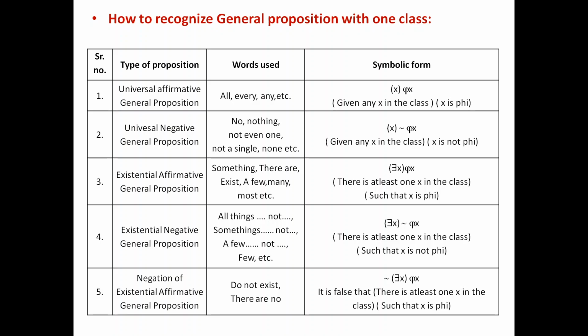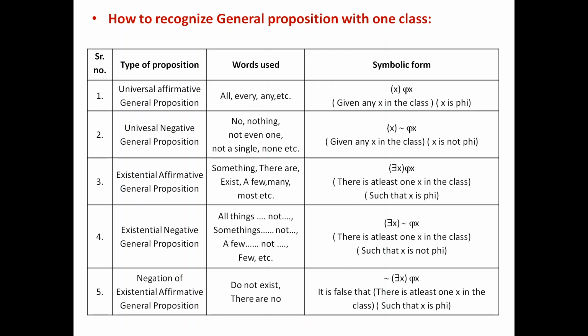Fourth, suppose the words like all things with not, or something with not, or a few with not, or only the word few, etc. are used, then it is an existential negative general proposition, and the symbolic form will be existential quantifier curl phi x. It means there is at least one x in the class such that x is not phi.